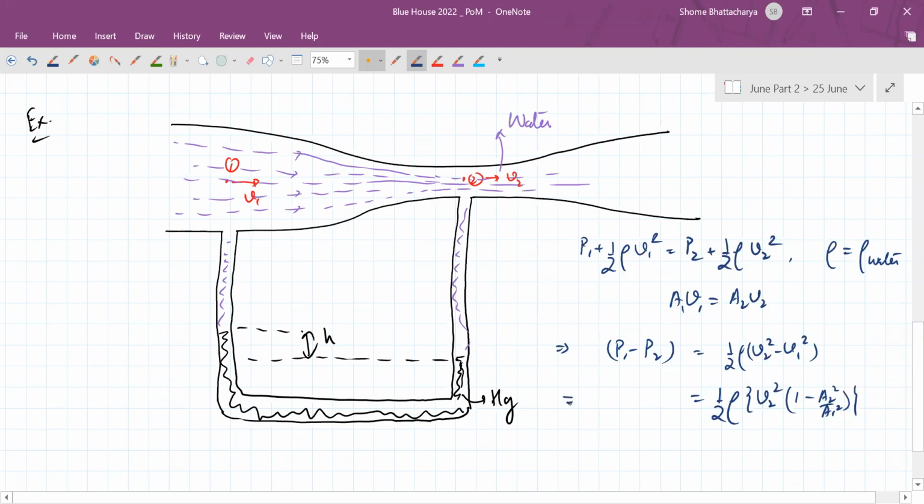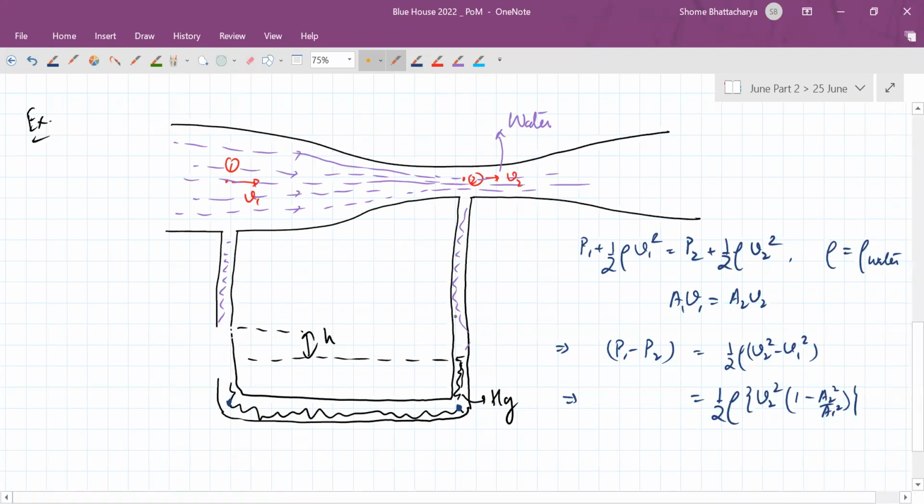Now this P1 minus P2 on the other side, you can see, is going to be the pressure difference between this point and this point also. Oh, sorry, the pressure at the point 1 will be more. So be the other way now.